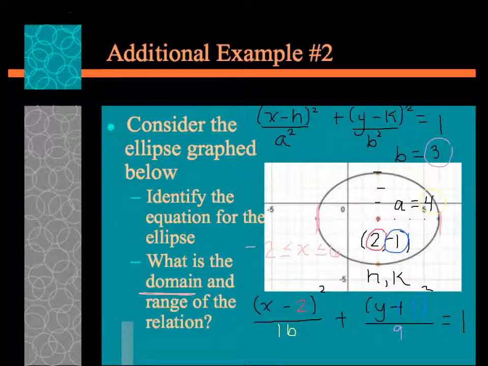And we know that range is about how high and low it goes. So I see it goes as high as 2 and as low as -4. So the range would be all y's from -4 to +2.